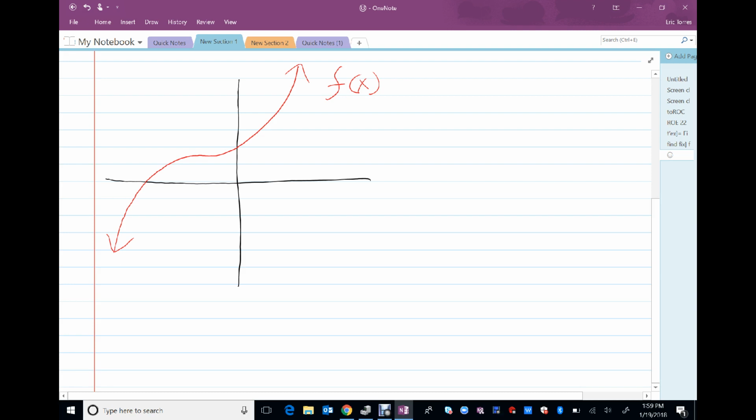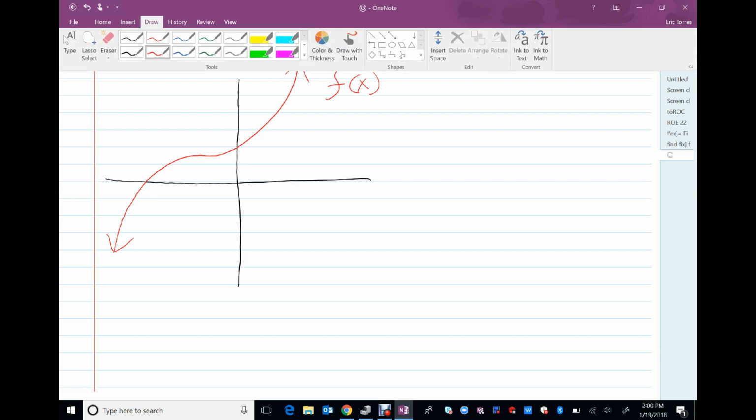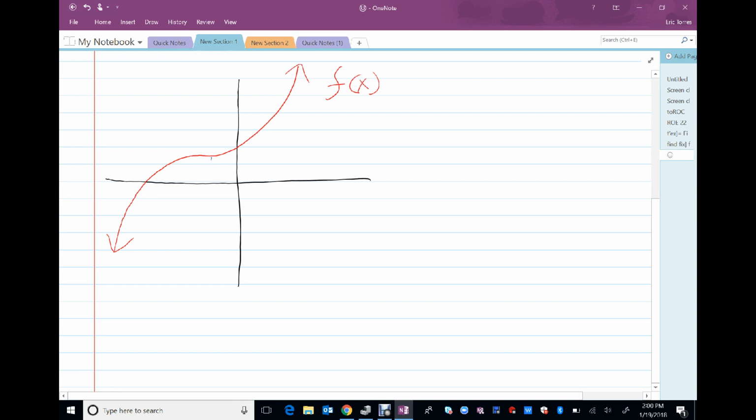It's less steep, less steep, and right around here it seems like it flattens out, which means horizontal. If I continue, it starts going up again, positive rate of change. So approximately this one x value is going to have a rate of change that appears to be 0 on the function. Everything else is positive.